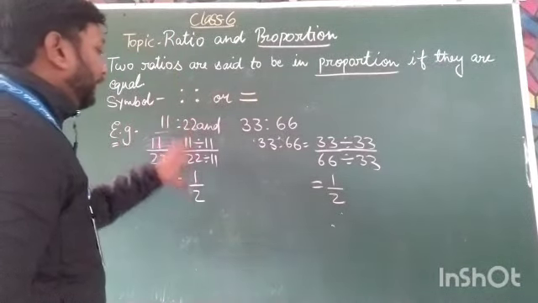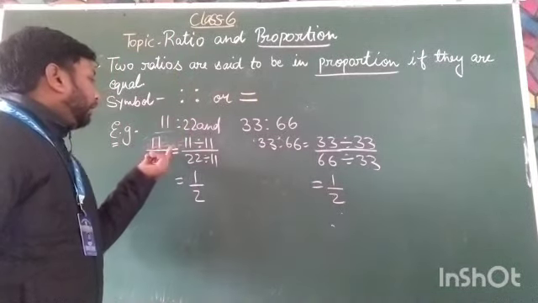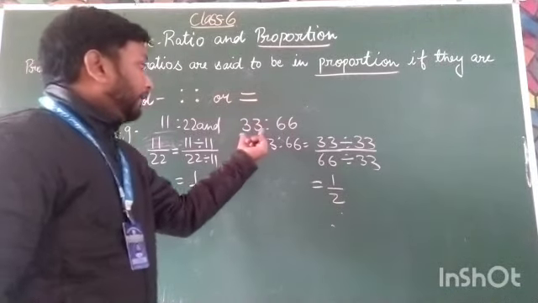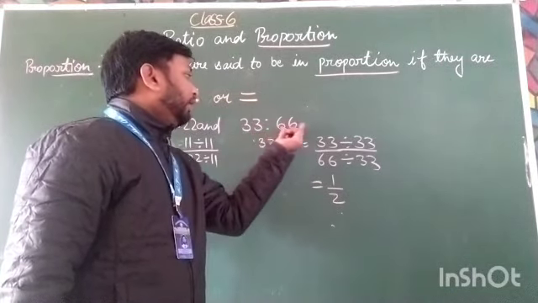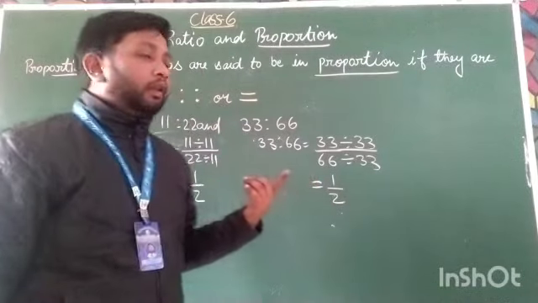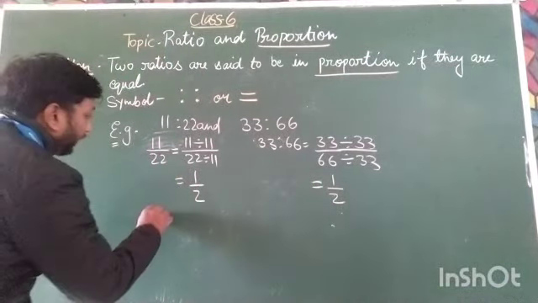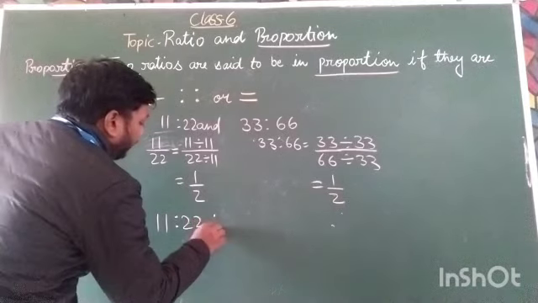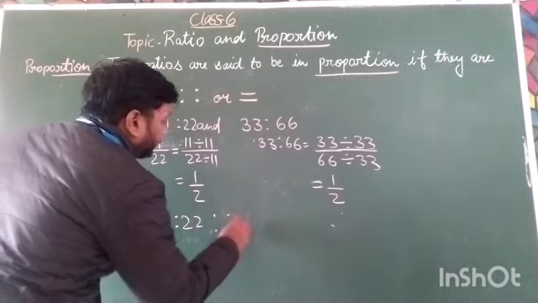After writing in simplest form, 11:22 is also 1:2, and 33:66 is also 1:2.